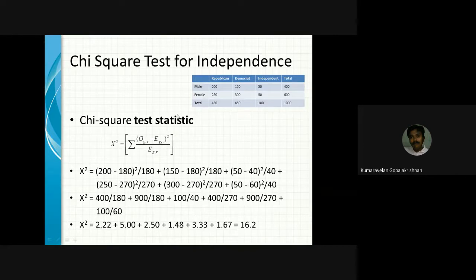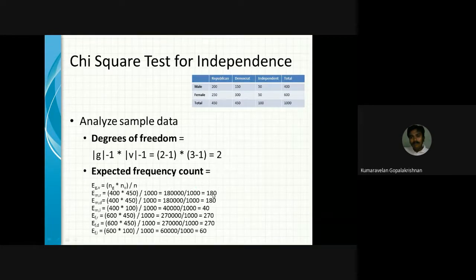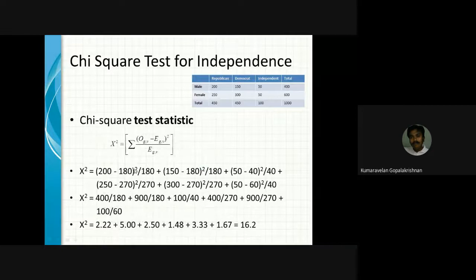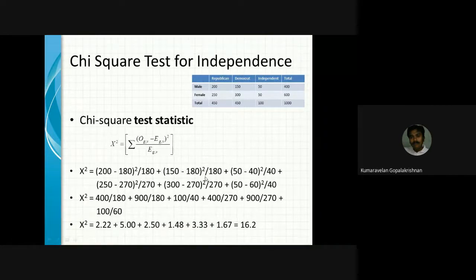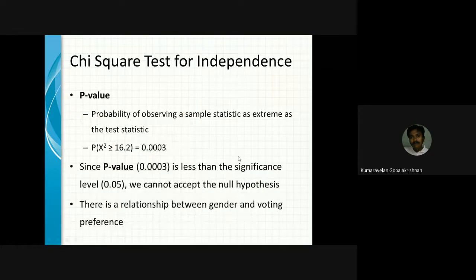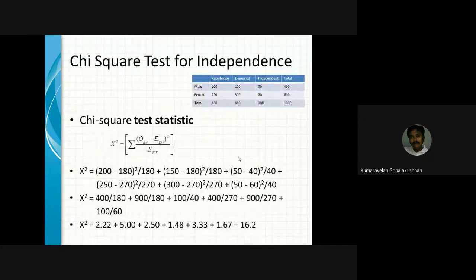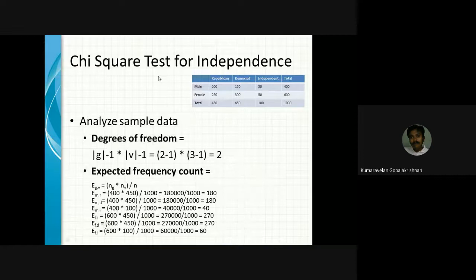See, what is the observed value with respect to male Republican? 200. So 200 minus, what is its expected value? Previously I have calculated the expected value is 180. So putting it in the formula, 200 minus 180, the whole square, divided by the expected value 180, plus, because it's summation, 150 minus 180, divided by 180, plus 50... the expected value is 40.